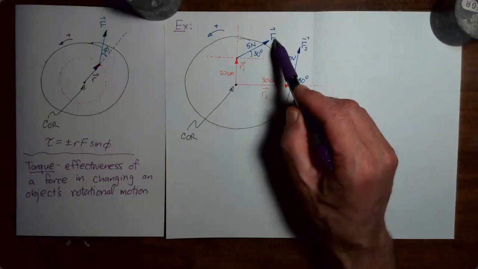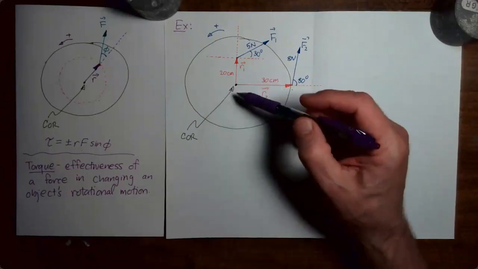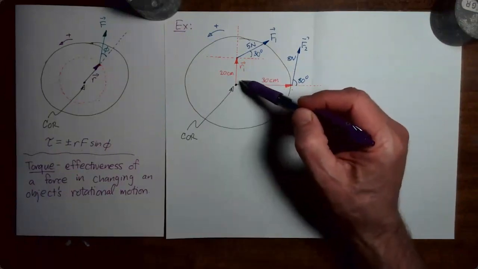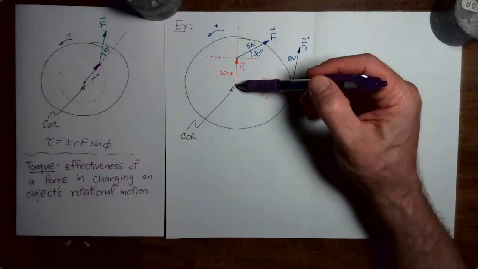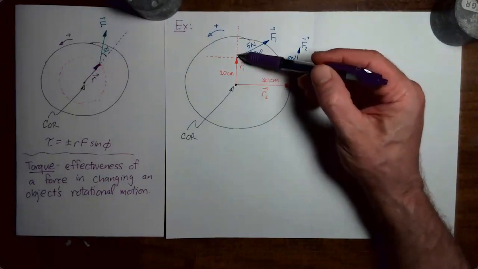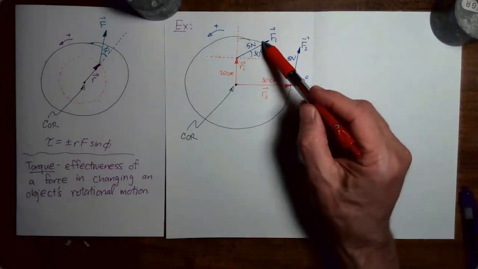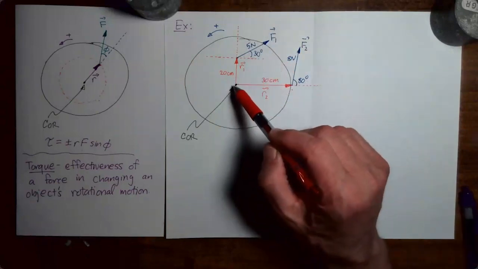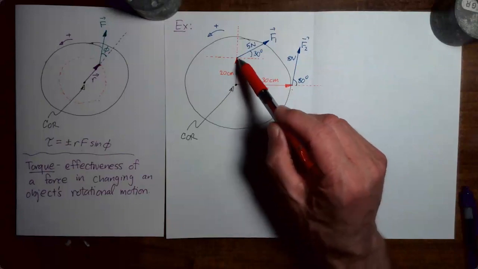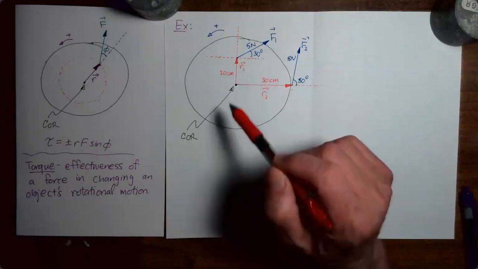Over here I have force vector 1. To get from the center of rotation to force vector 1, I draw a position vector that goes from the center of rotation out to force vector 1. The strength of force vector 1 is 5 newtons. The distance from the center of rotation to the point where force 1 acts is 20 centimeters.